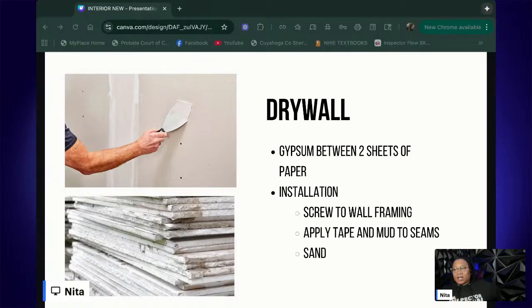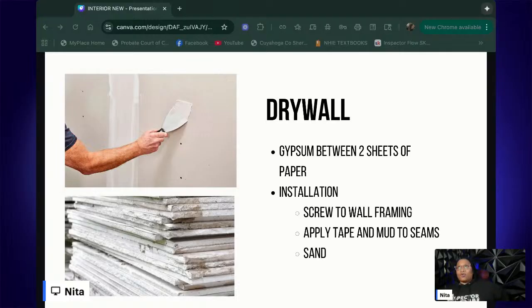This is basically where you are trying to get everything smoothed out so that you can paint the wall and it will be smooth. So you cut and hang your drywall, you fasten it, you tape, you skim, you sand, and then you are ready for your paint.